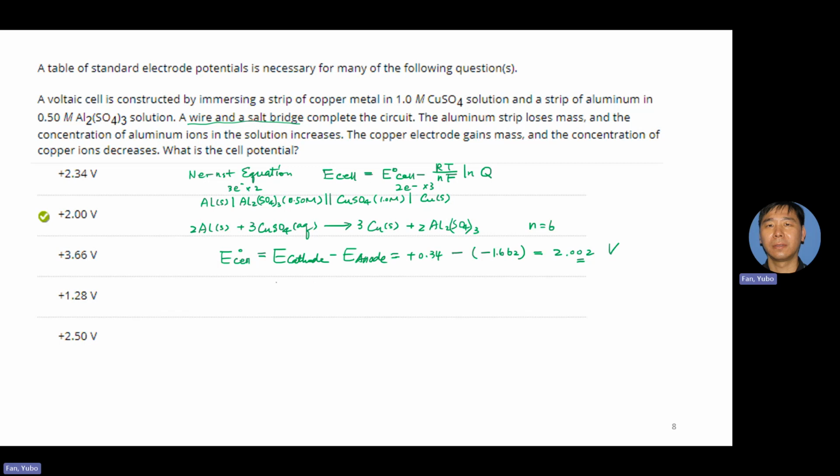RT over NF, we can calculate first. R is 8.314. Because this is standard temperature, it's 298.15 Kelvin, just 25 degrees Celsius, 6 electrons. And for the Faraday constant, we can use 96,500.